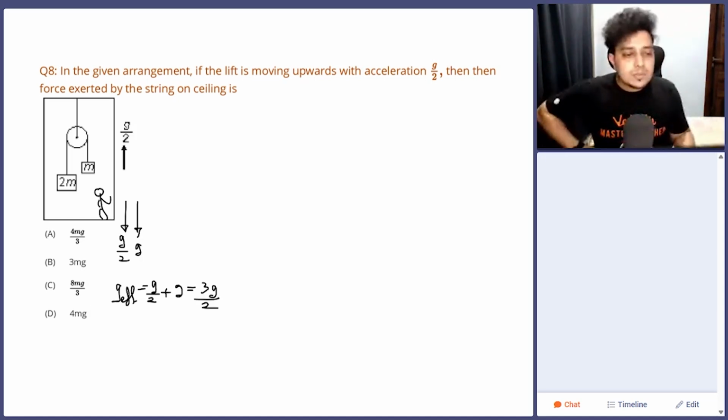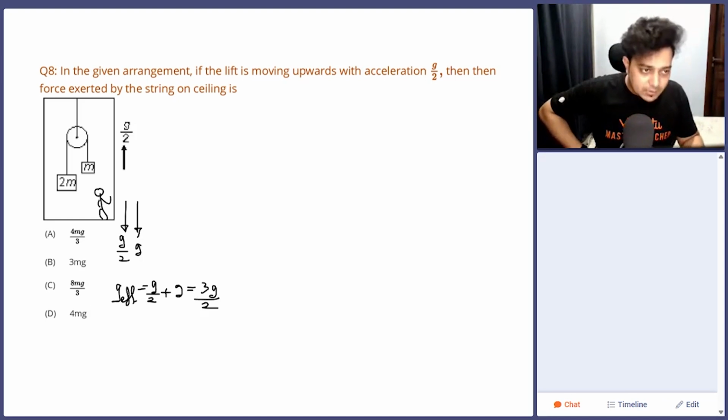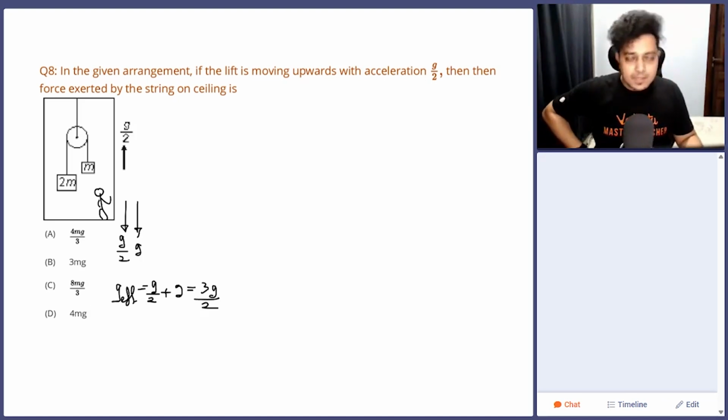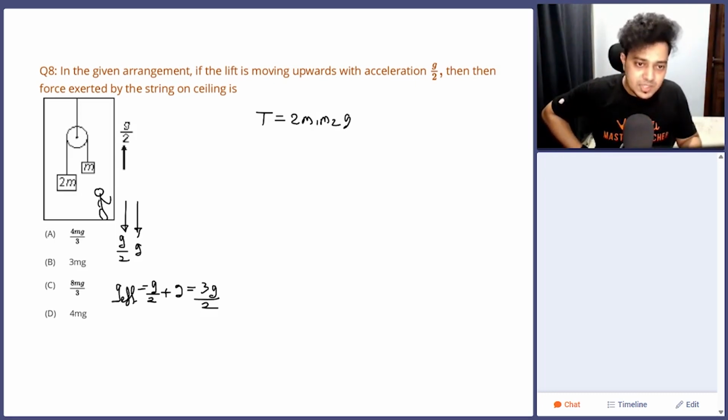Clear? Now to solve for tension, first of all we will calculate the tension in the string. That will be 2 m1 m2 g effective upon m1 plus m2. So mass is 2m into m.